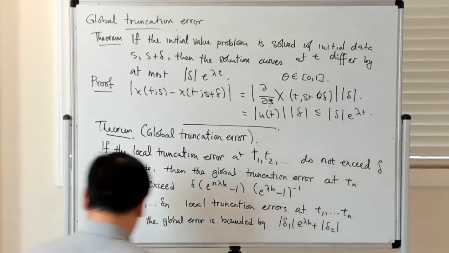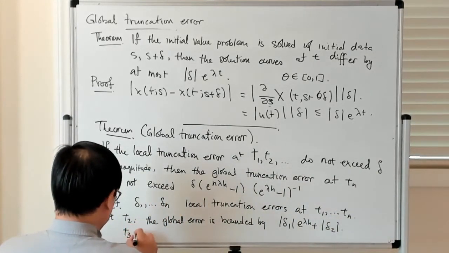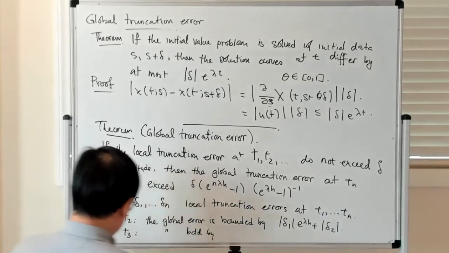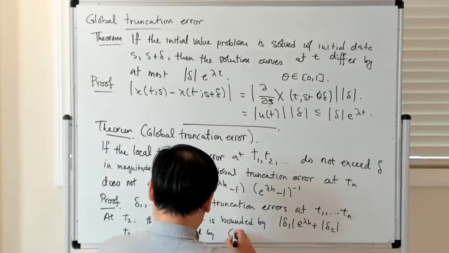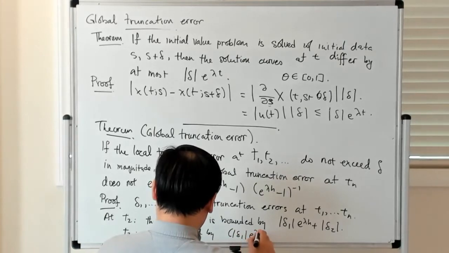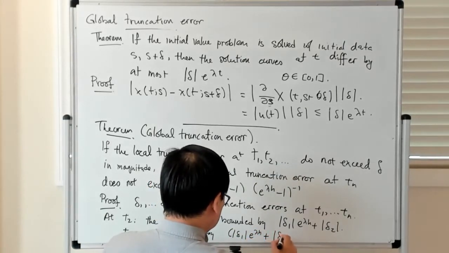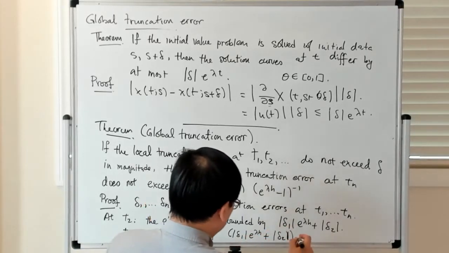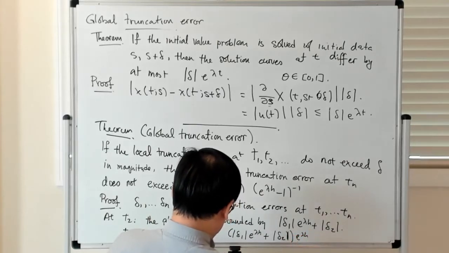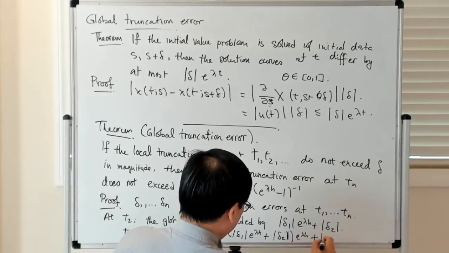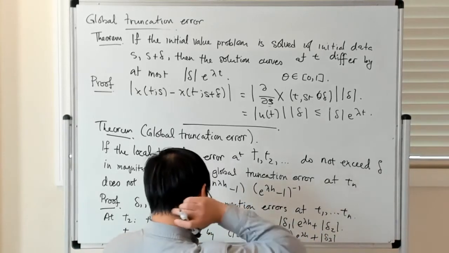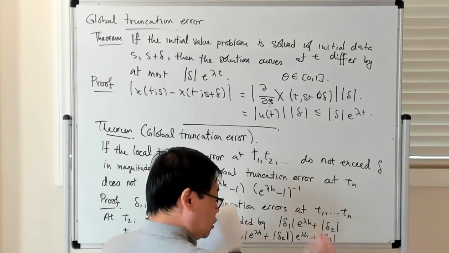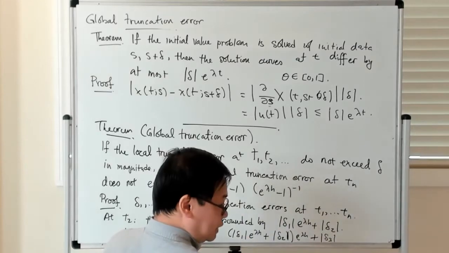All right, and then at T3, the global error is bounded by, again, delta 1 e to the lambda h plus delta 2. So that's the error at time T2, then it's amplified by e to the lambda h, and then you add the local truncation error at time T3. And you sort of keep doing this. You keep taking the error from the global error at the previous stage, you amplify it by e to the lambda h, and you add the truncation error at the new time.